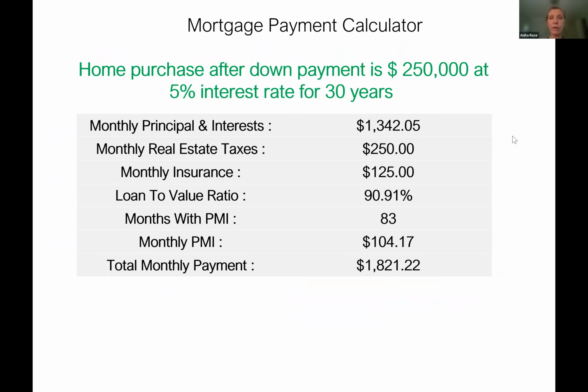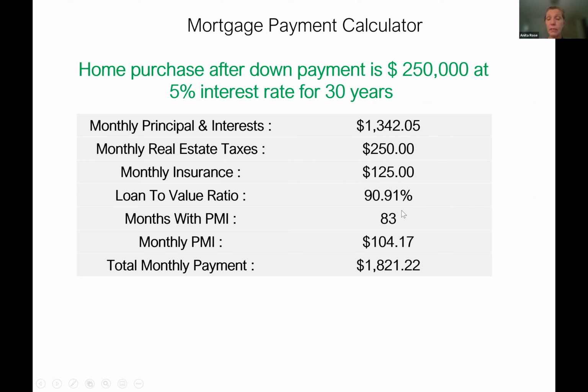So let's look at another similar scenario, right? We have a home purchase after down payment of $250,000 at 5% interest. So we're mortgaging the $250,000 over a 30-year period. And we can see that we have mortgage insurance, PMI, right? Because it's over 80%.